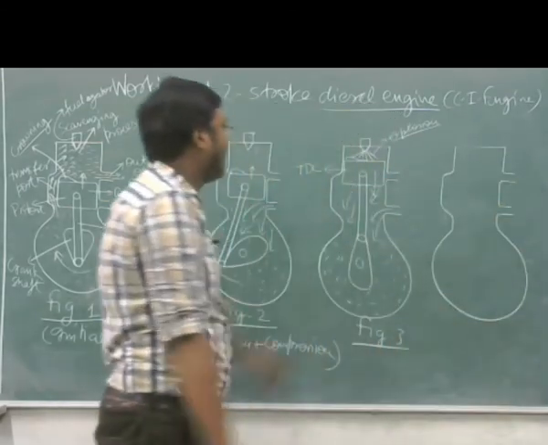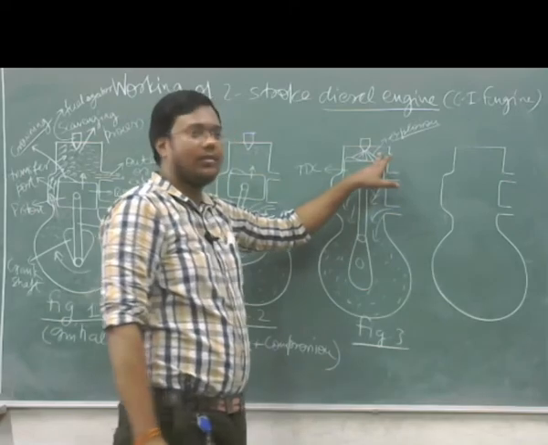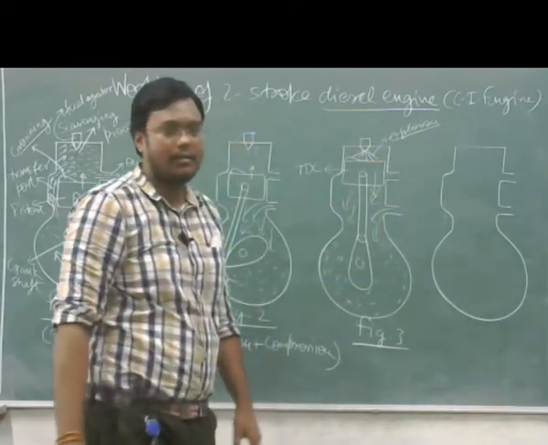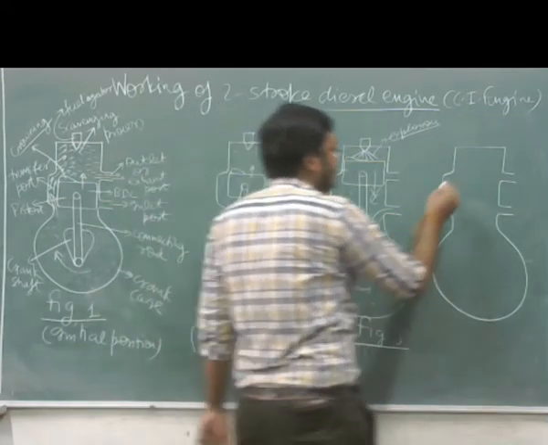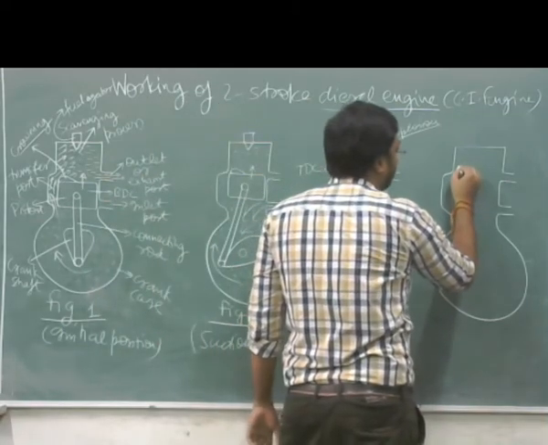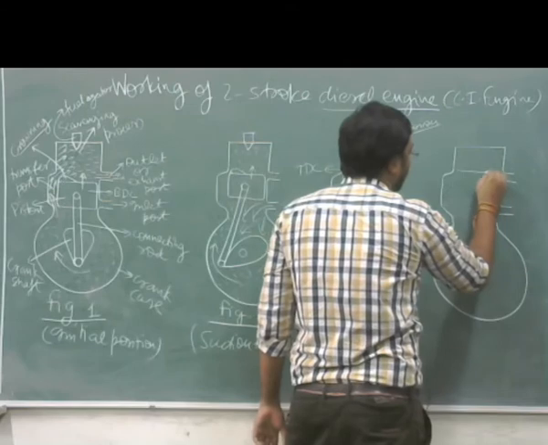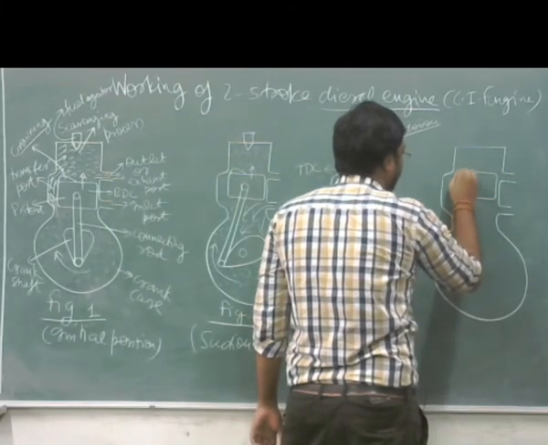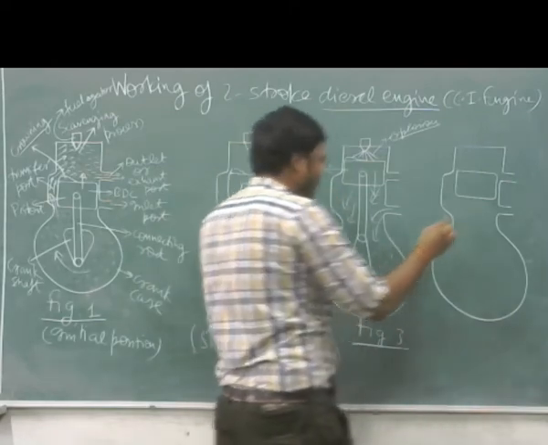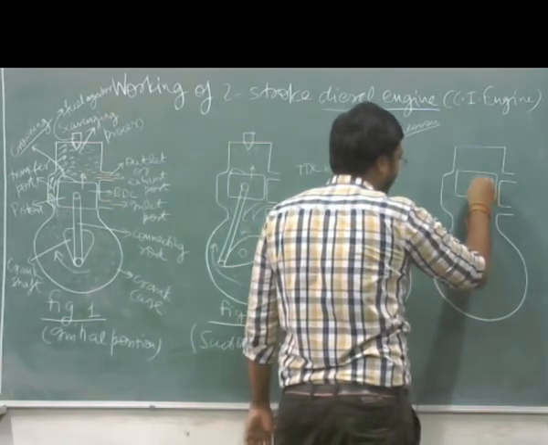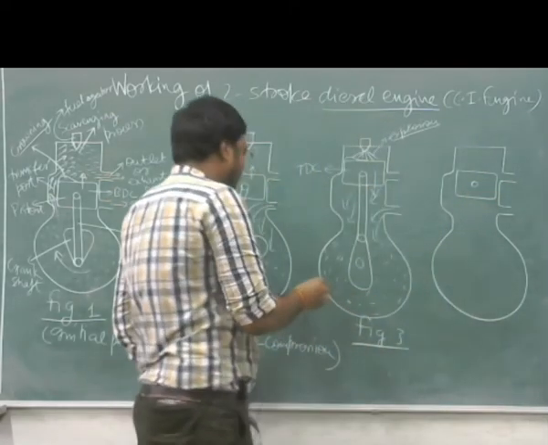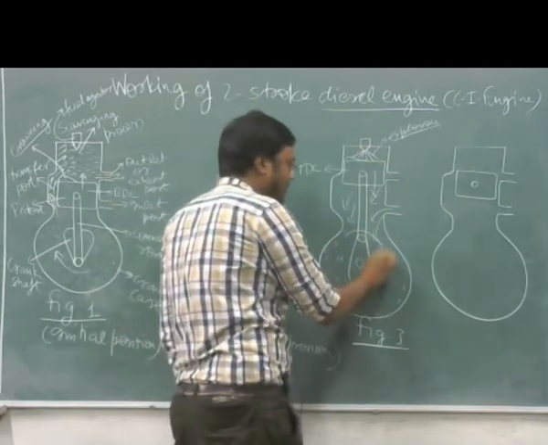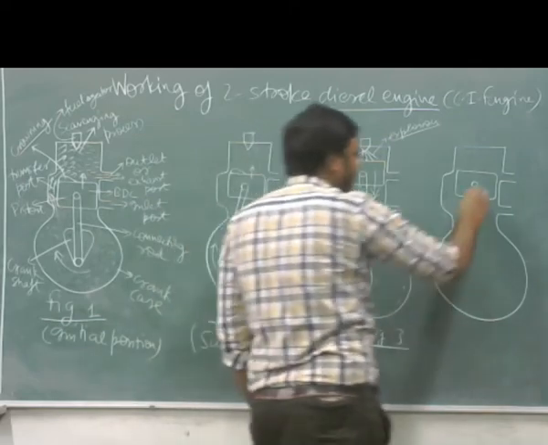So as the expansion process takes place, the piston will move in the downward direction. Now the piston is starting to move downward, and the crankshaft is rotating in the clockwise direction.